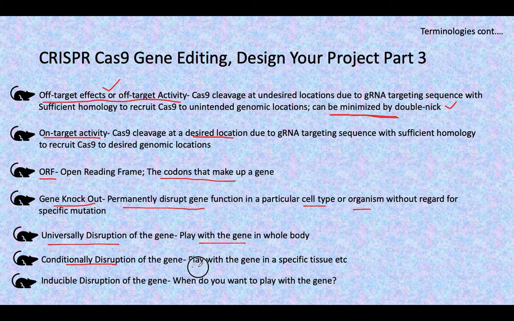Conditional disruption, you take that gene to a specific tissue or a specific place, and in this case you need a promoter. That promoter will take this machinery only to that tissue. I'm using some different promoter and that is unpublished, so I cannot talk about it.